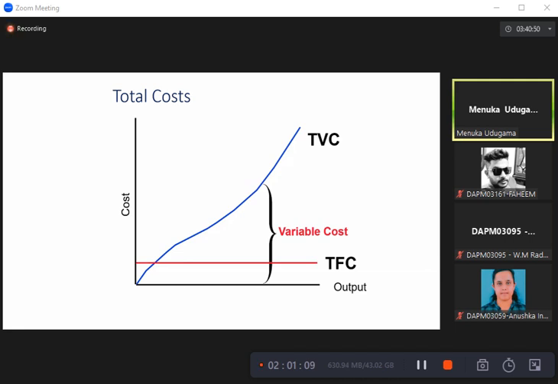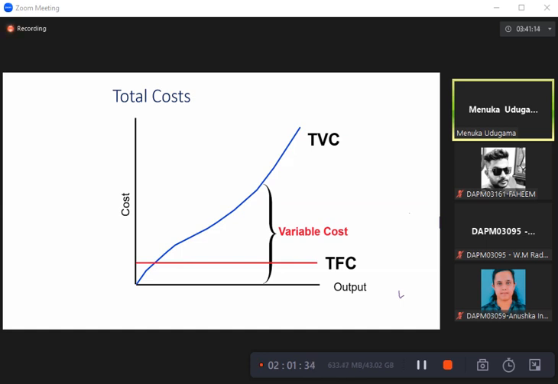So we say that the cost function is actually a mirror image of the production function. Therefore, you see this type of cost function, right? It increases at an increasing rate, then it increases at a decreasing rate.